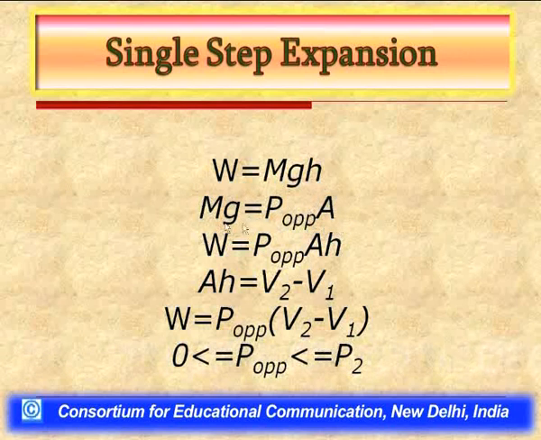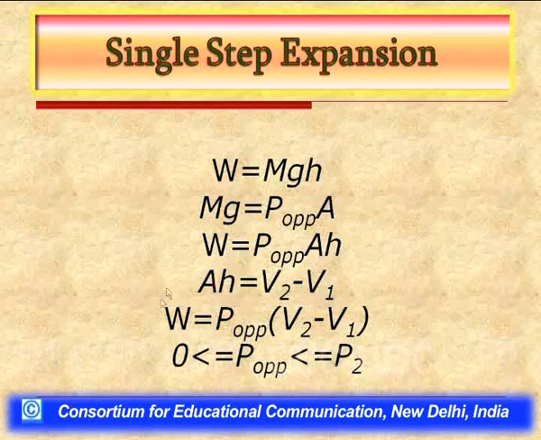So, now when we substitute equation 2 in 1, we get that work equals P, the opposing pressure, times A h. Now, what is A h? A h is basically the additional volume enclosed by the system when the volume of the system changes from initial volume V1 to volume V2.